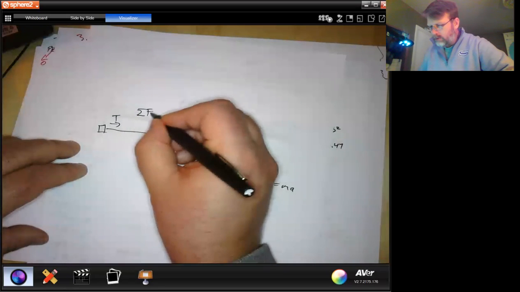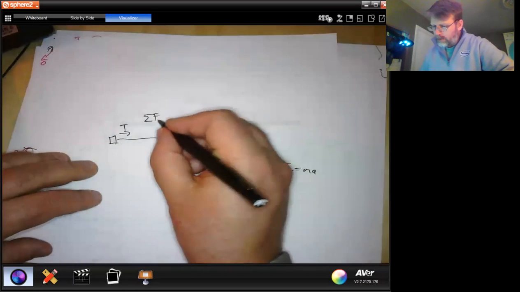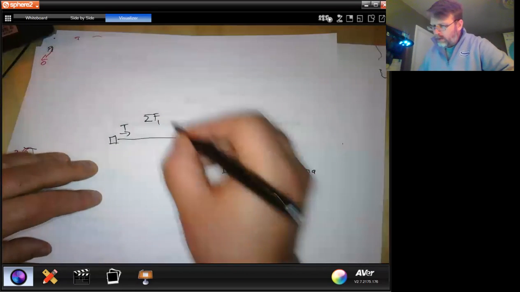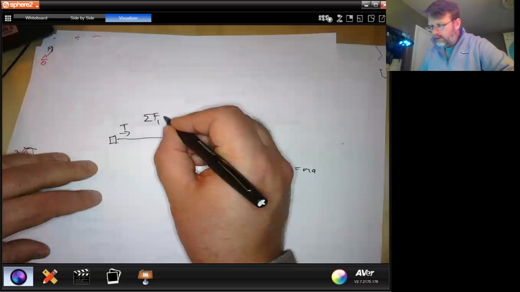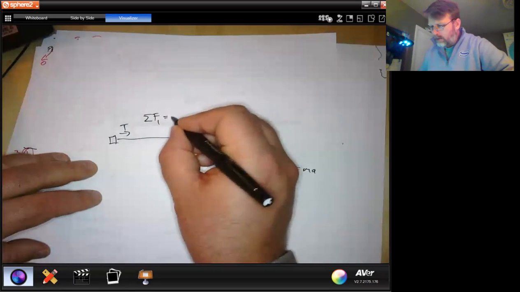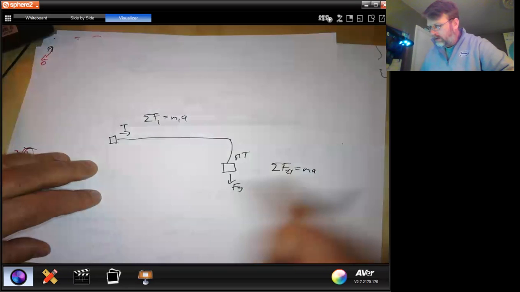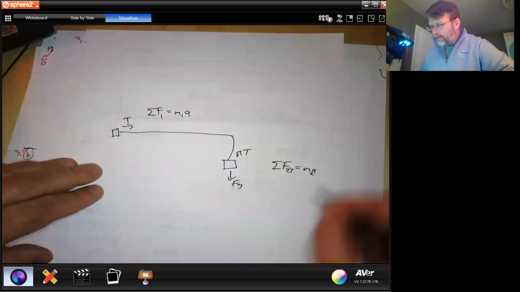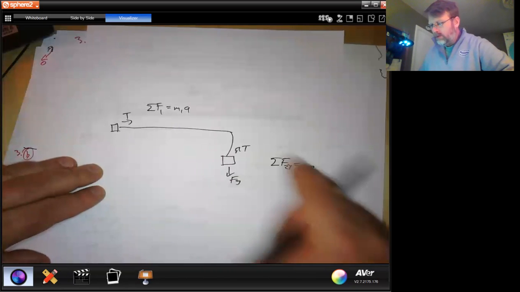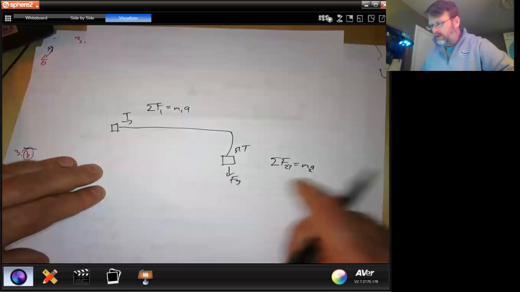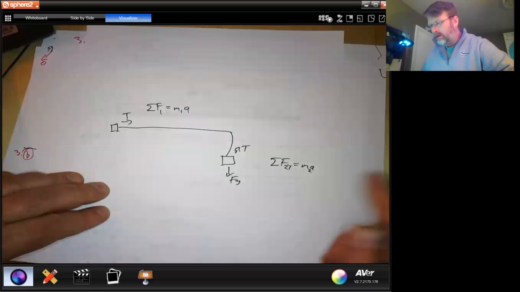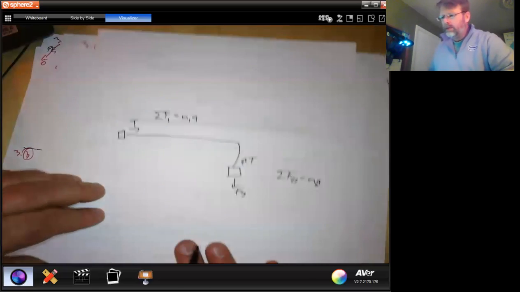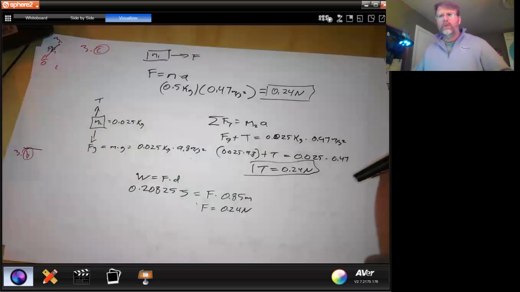We had 1 here and 2 there. The sum of the forces here is going to equal m1 times a. Those are both going to be a's. Then we would have to do simultaneous equations to solve for one and then the other. That's possible, but that's a lot of work. We don't need to do that. We found the answer. We can be done.